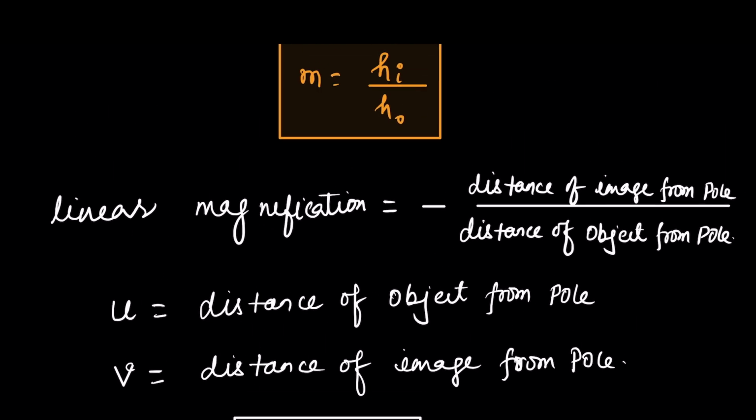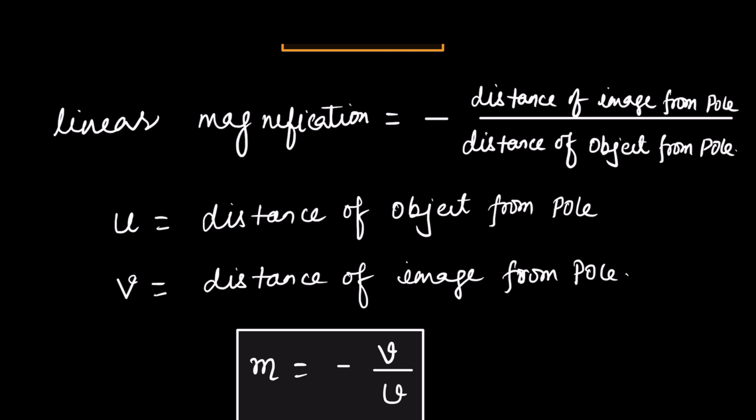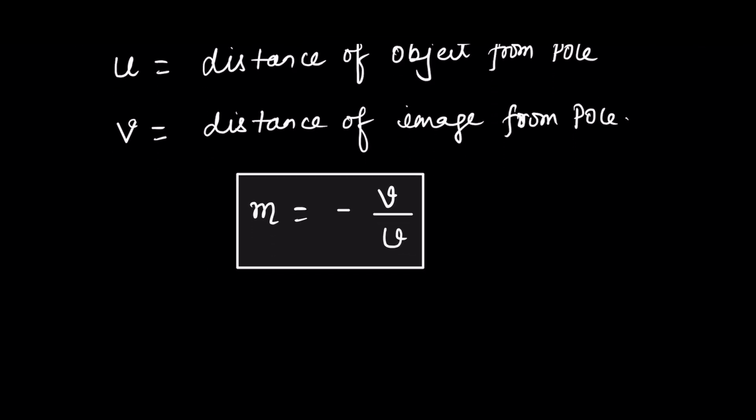If you combine hi by ho relation with minus v by u, we can say that m is equal to hi by ho, that is equal to minus v by u.